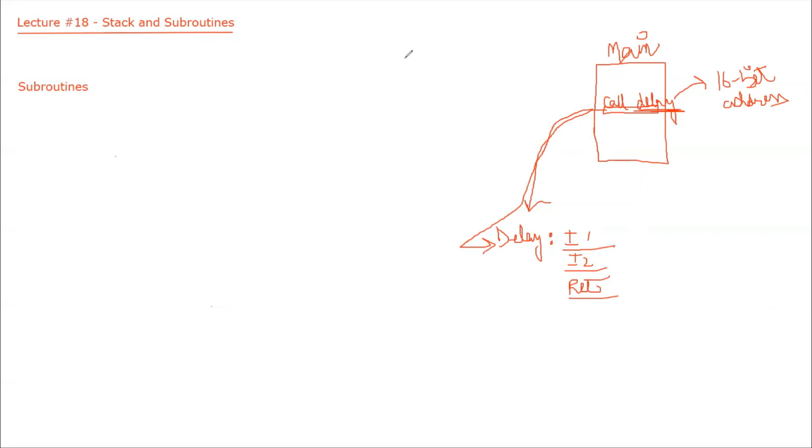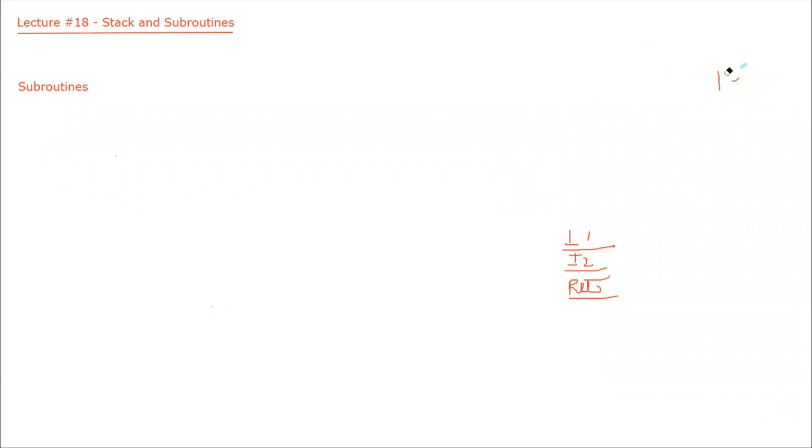So let's write in terms of addresses as well so that it will be much easier. Let's say we have the main program and the instructions are like this. This label will be a 16-bit number. Let's say the 16-bit number is 1000.